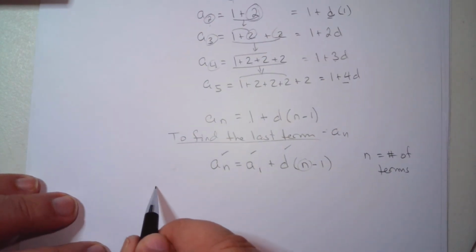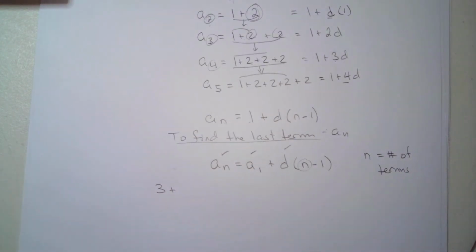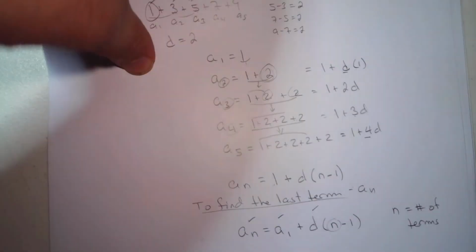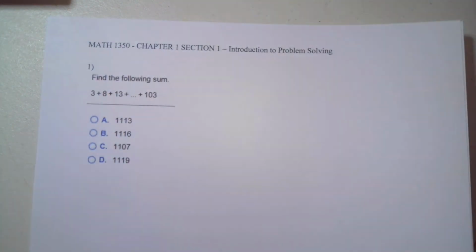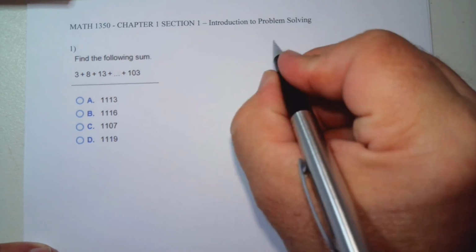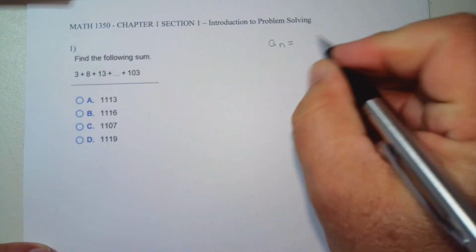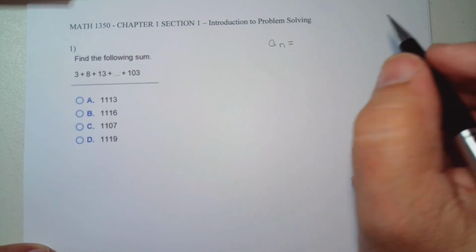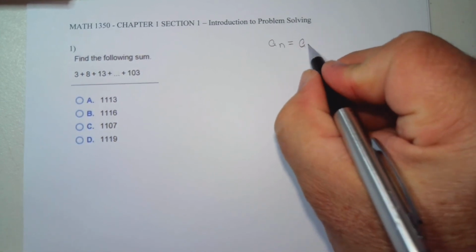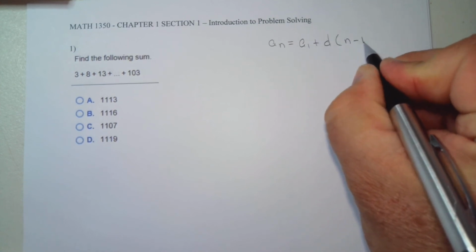So in our question, look at our home. So remember, our formulas are an equals a1 plus d times n minus 1.